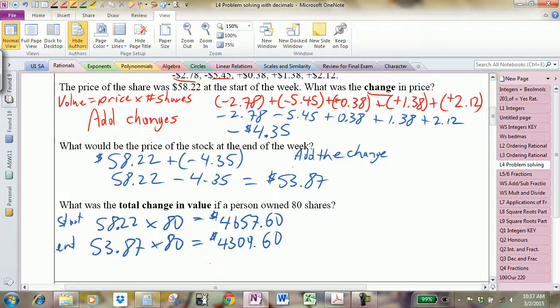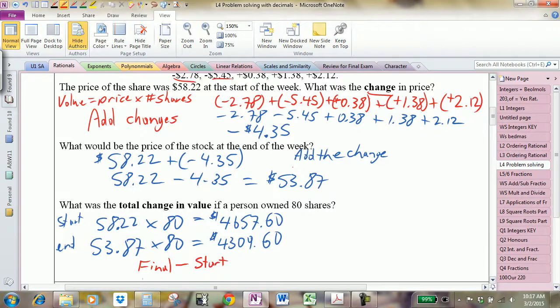Okay. So to find the total change, we would subtract. What we should be doing is taking his final and minusing the start.